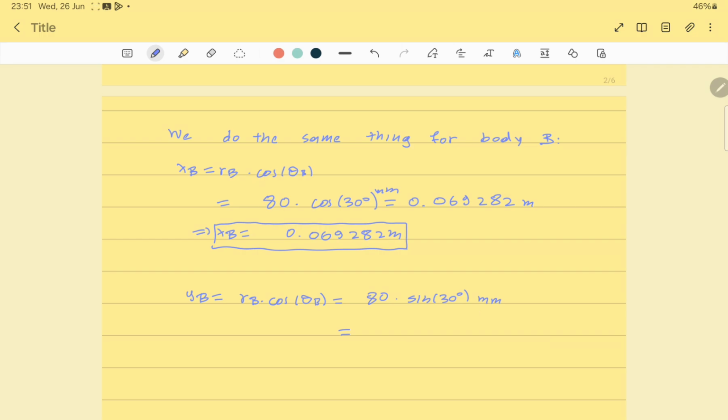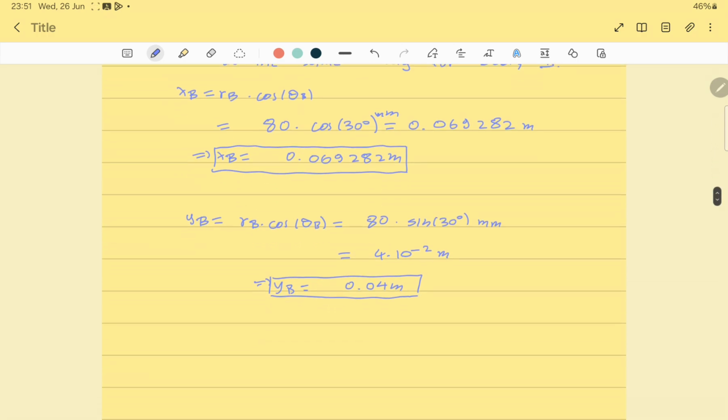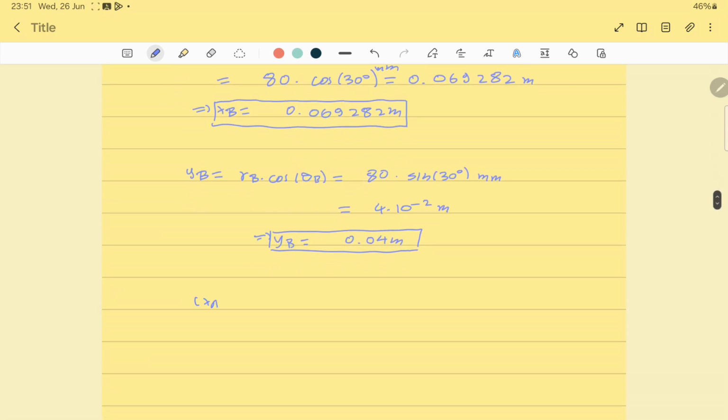So what is YB is 4 times 10 to the power of minus 2 meters, or you can write it like this as a decimal, 0.04. So I write down my pair.